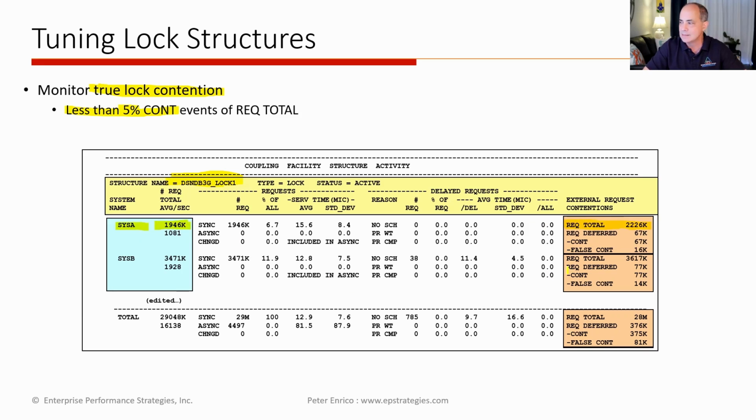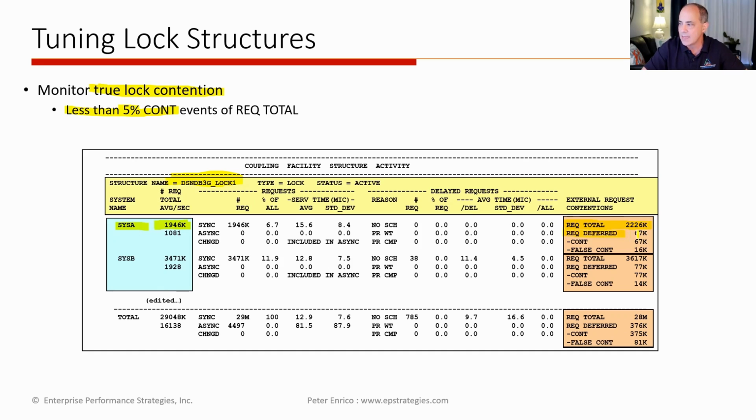The reason is that request total is the total number of requests being made by this requester, this DB2, to the lock structure. SCS takes those requests and sometimes batches them up together to make fewer requests to the coupling facility. That's why the number on the left is typically smaller than the number on the right.